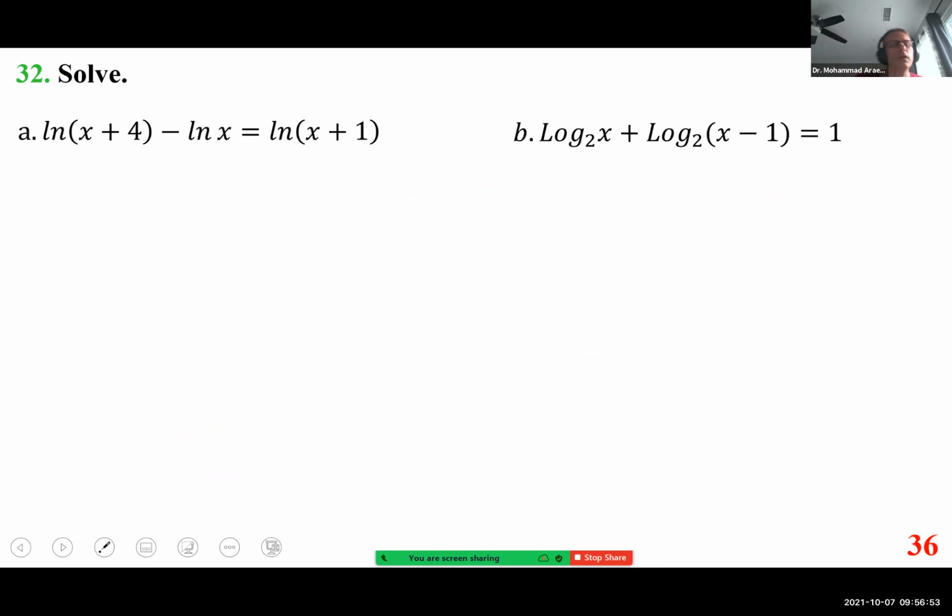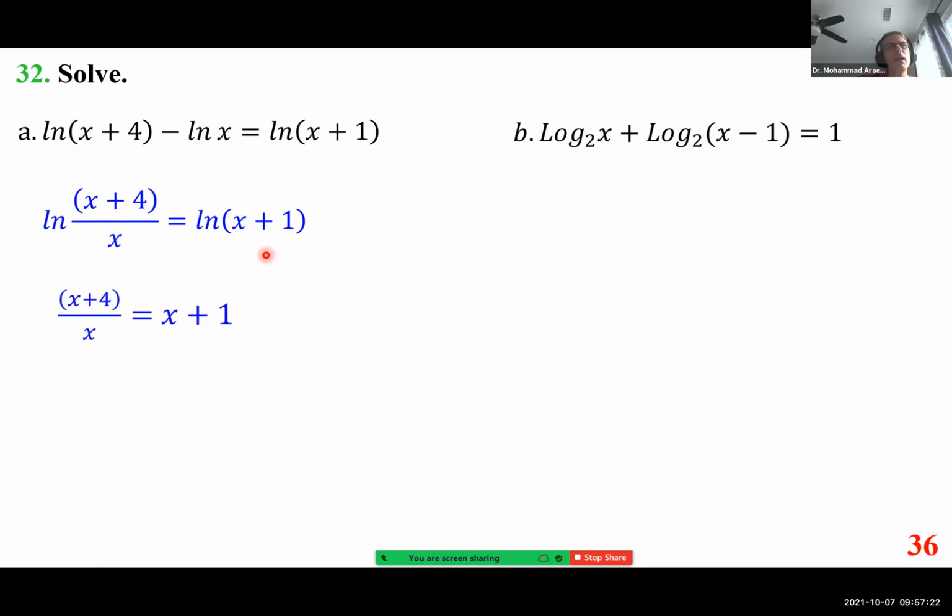If you look at the first one, both sides have logs, so let's bring each side to a single log. Put the left side into a single log by using the rules that we have learned. This becomes ln of x plus 4 over x, the quotient. Since they have the same base, they must have the same argument, so x plus 4 over x must be the same as x plus 1. And we do the cross product. This remains, this becomes x squared plus x. I hope everybody is comfortable with cross product.